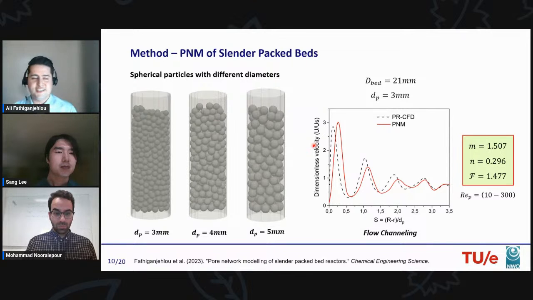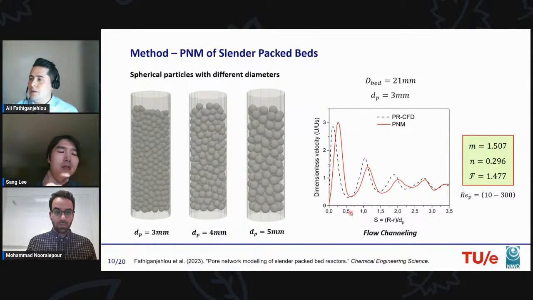Actually, that's a really nice question. We also addressed this question in our publication. The reason for this discrepancy between PNM and PRCFD is related to the definition of pores and throats, especially close to the column wall. We noticed that the definition needs to be improved close to the column wall.